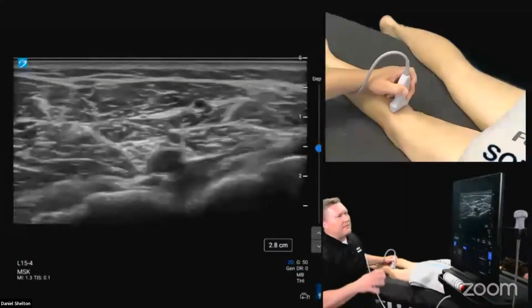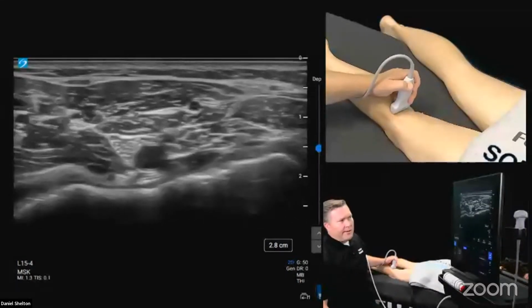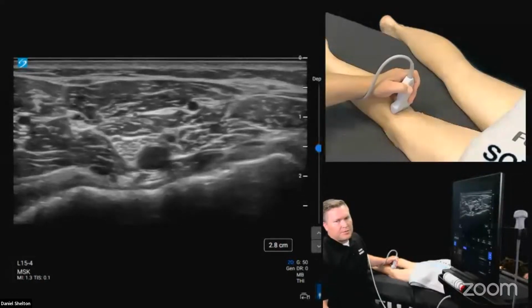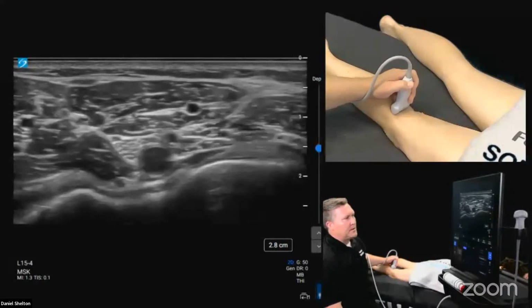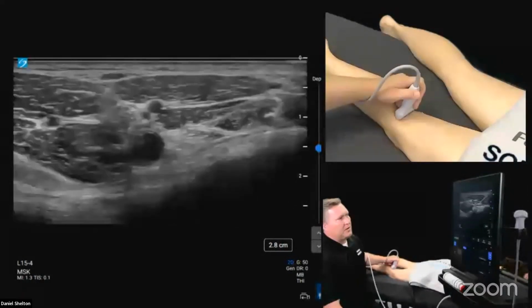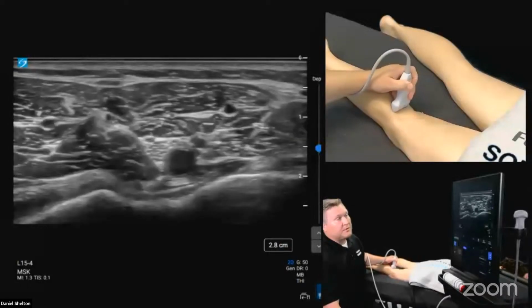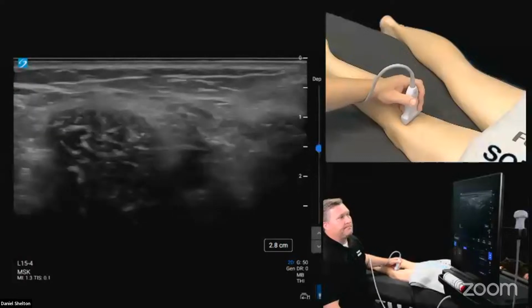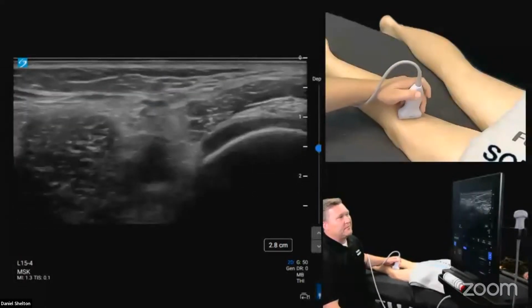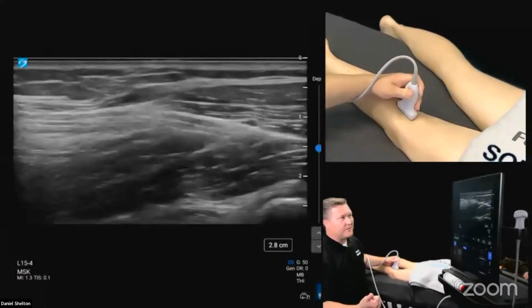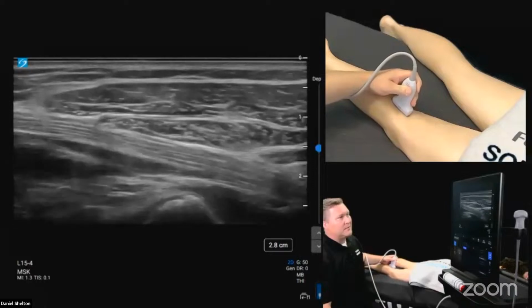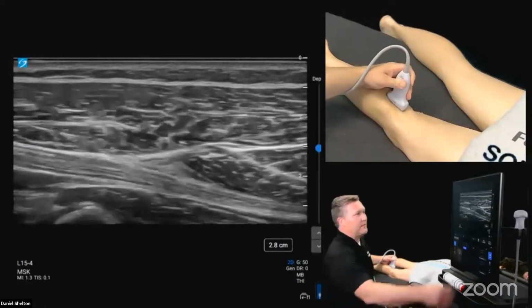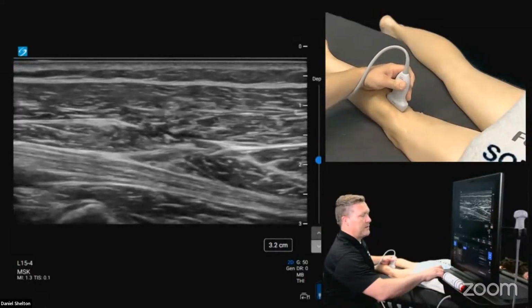And the very little button pressing. If you're busy doing procedures, you really don't have a lot of time to be changing your frequency constantly, or your focus, or edge enhancements, or persistence, or other things that go into traditional systems. So user friendliness, cleanliness, and it's a very durable, rugged machine.